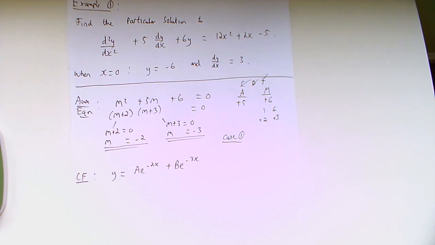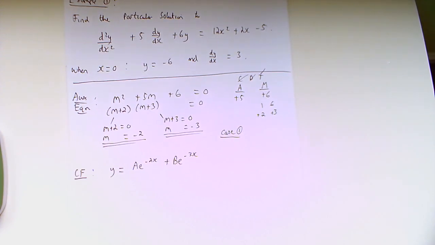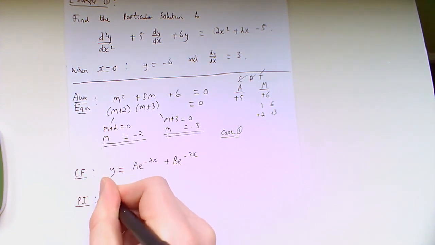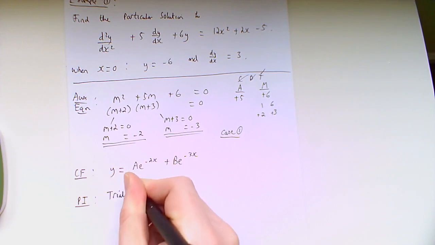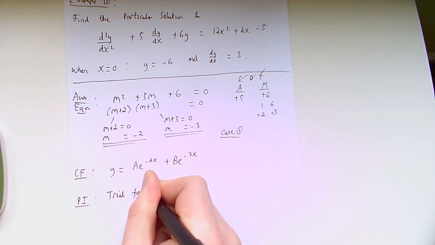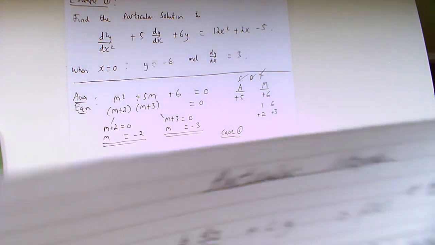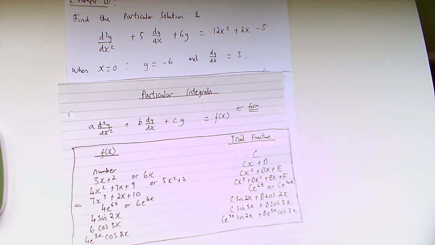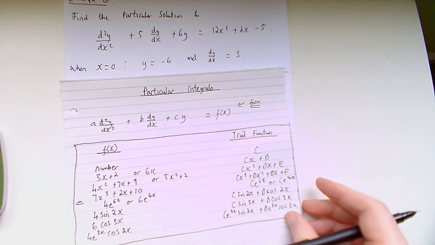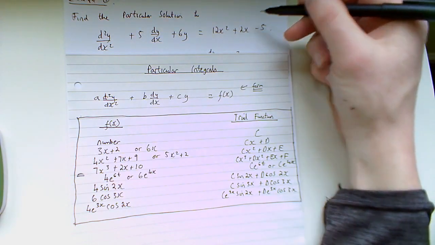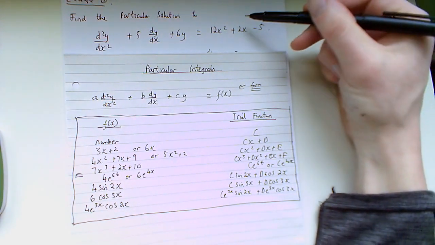Now, next step is I need to find out the particular integral. So the first thing I have to do is choose the correct trial function. So to do that, I get my table up. Hopefully you're able to look at that on Teams, but I'll just put it up on the screen just now. So these are the list of my trial functions. Which one I use is dictated by the right hand side of my differential equation.